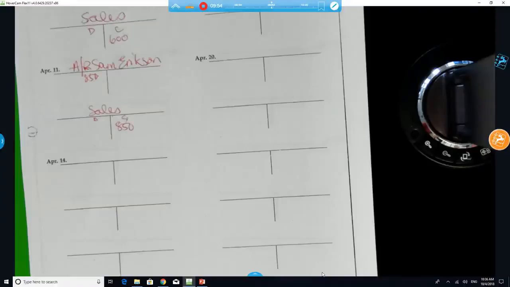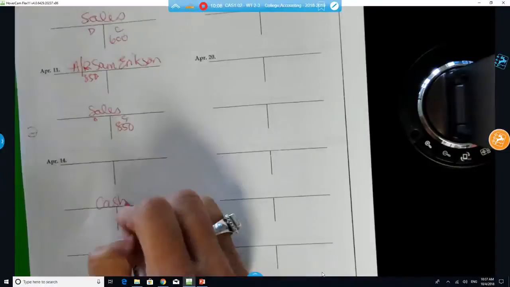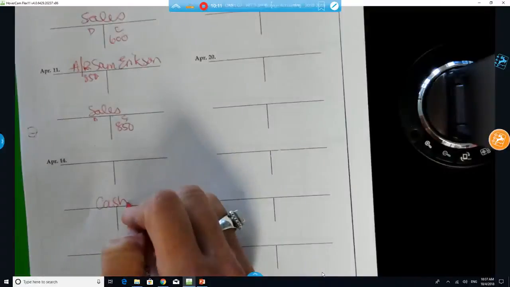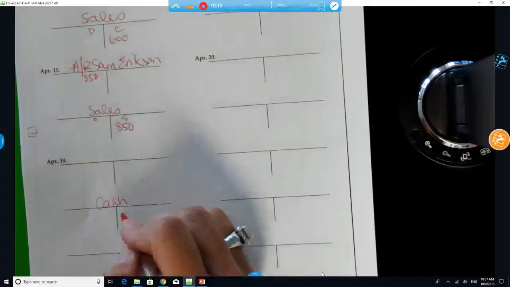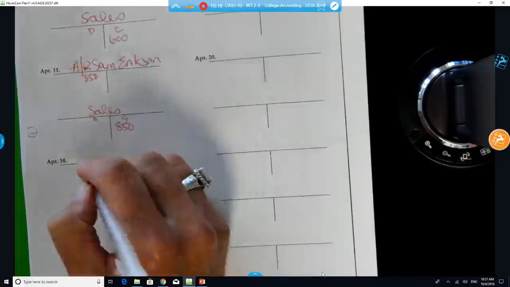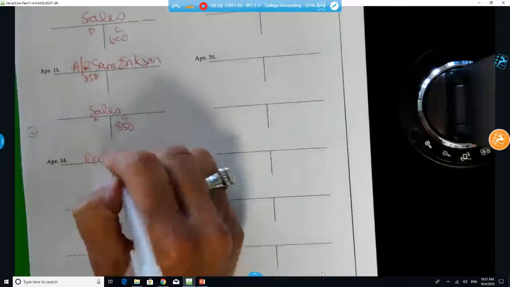What type of account is cash? An asset. If it's going down on April 14th, what are we going to do to it, debit it or credit it? Credit it, because it's decreasing by $250. Now, we know we have rent expense, so it has to be up here.